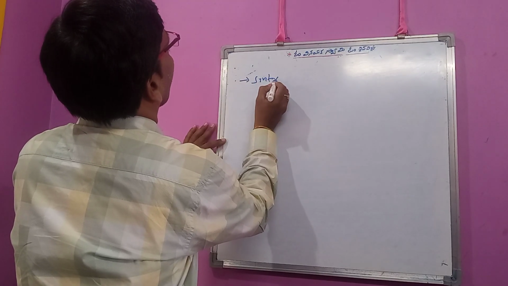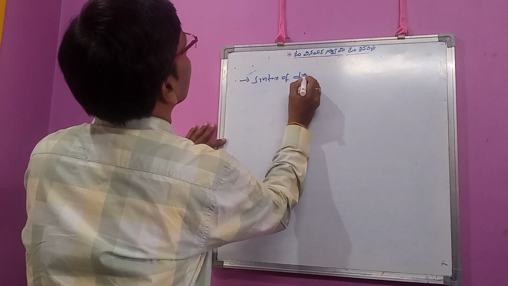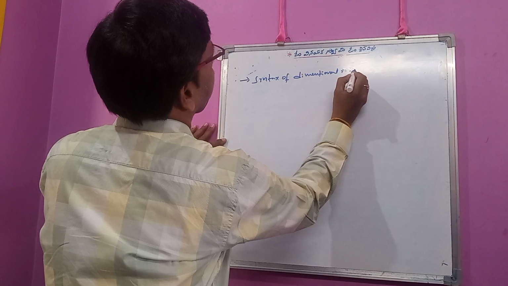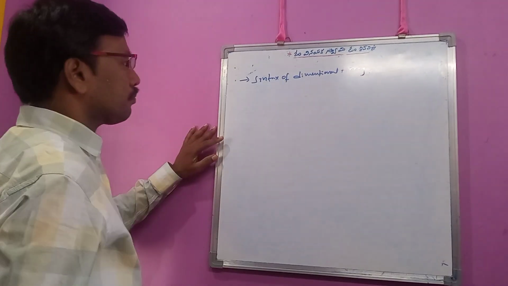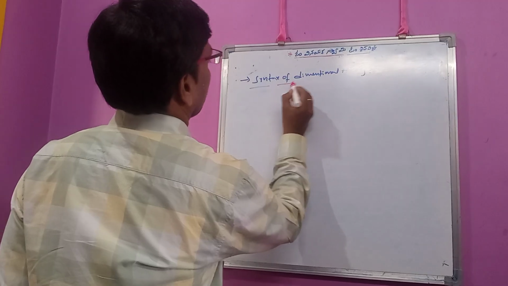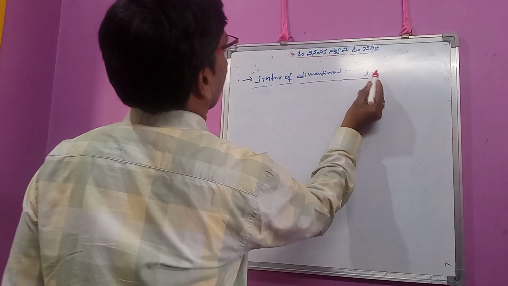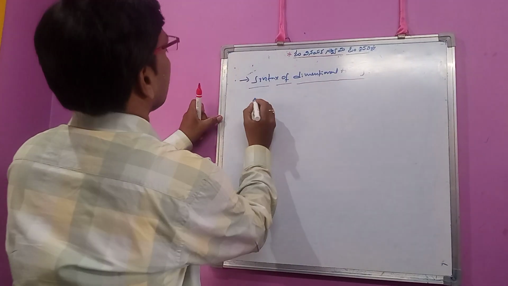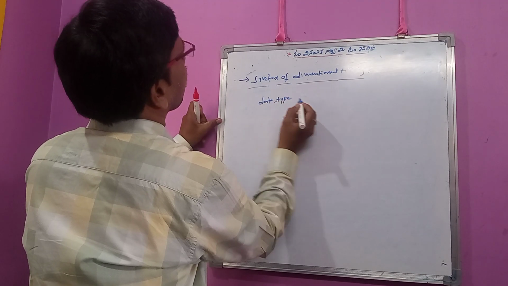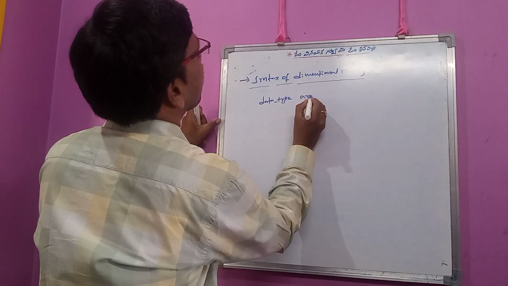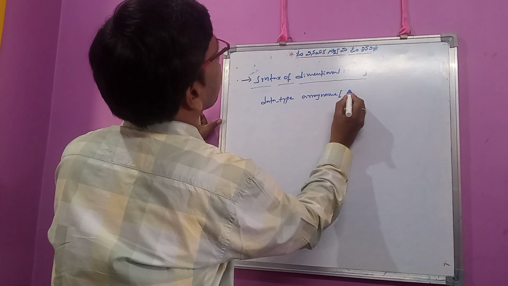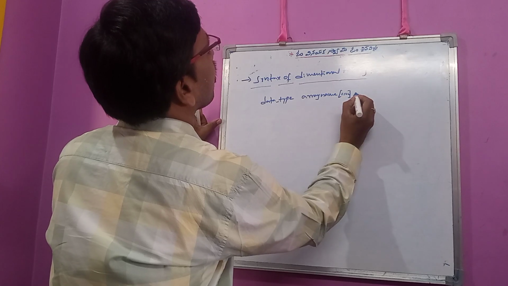Syntax of one dimensional array: data type, space, array name, size, semicolon.